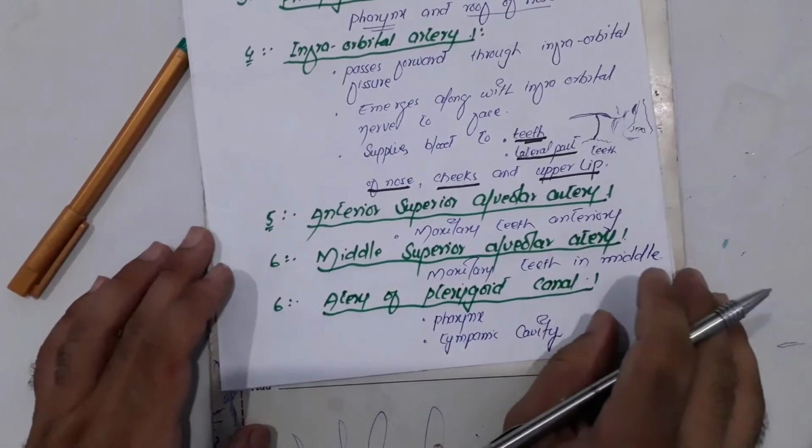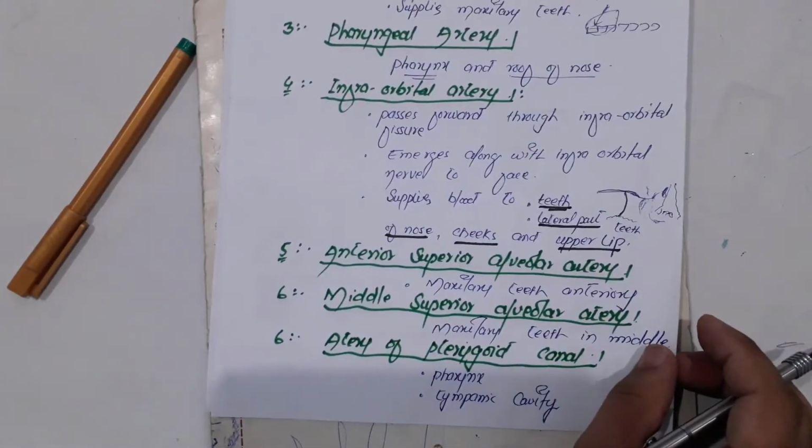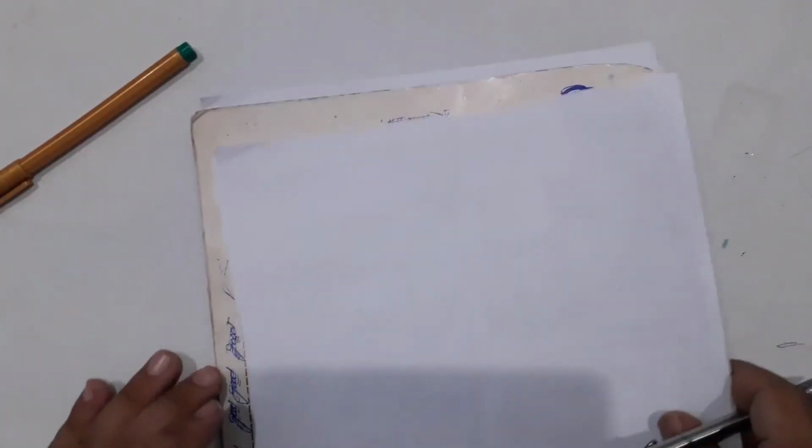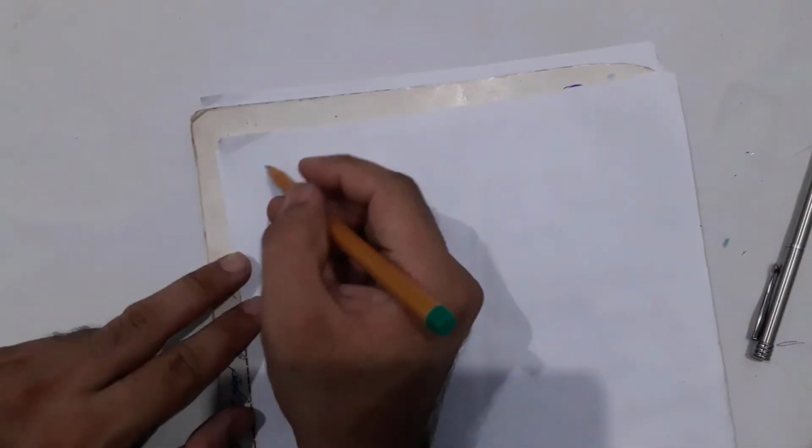Right, friends? Very good. The last artery that arises from the maxillary artery in the pterygopalatine part is the spinopalatine artery, the seventh one.